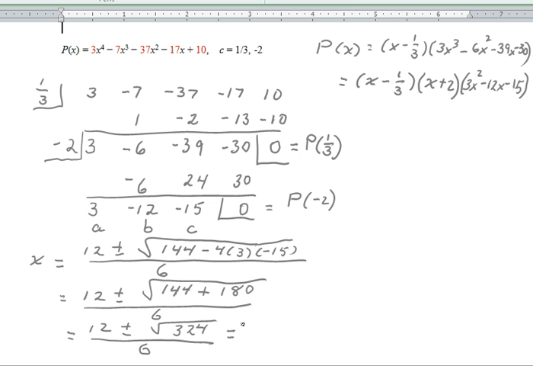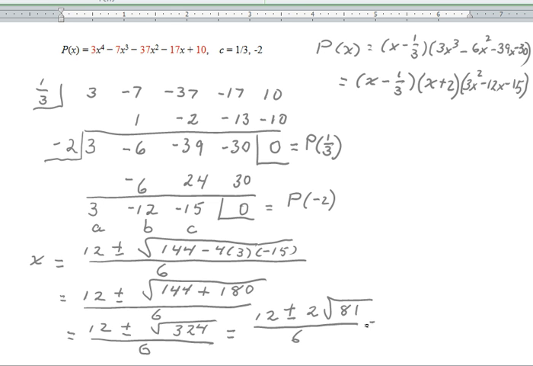Now, 324 is not a number that we readily recognize, but let's factor out. We see that it is divisible by 4, so let's factor out the square root of 4, which would be 2, and 324 is 4 times 81.